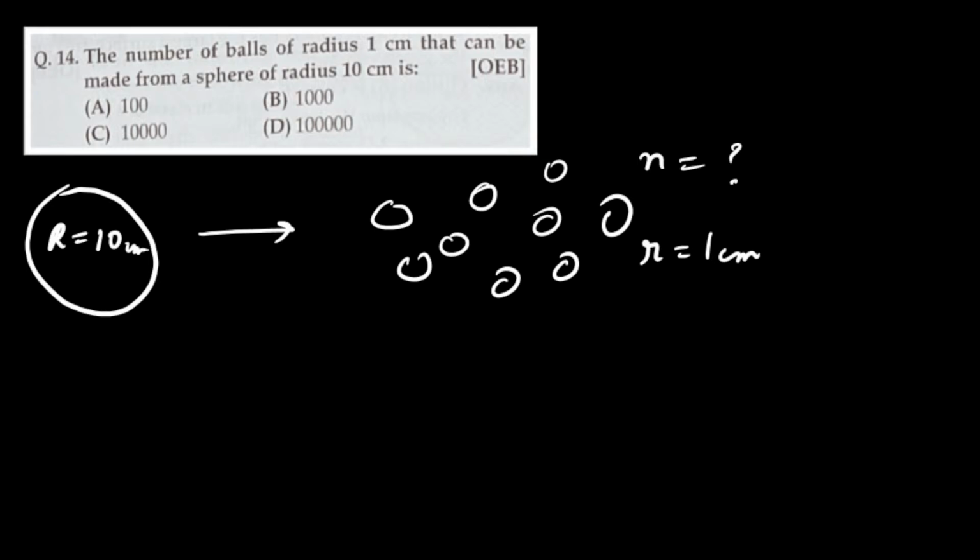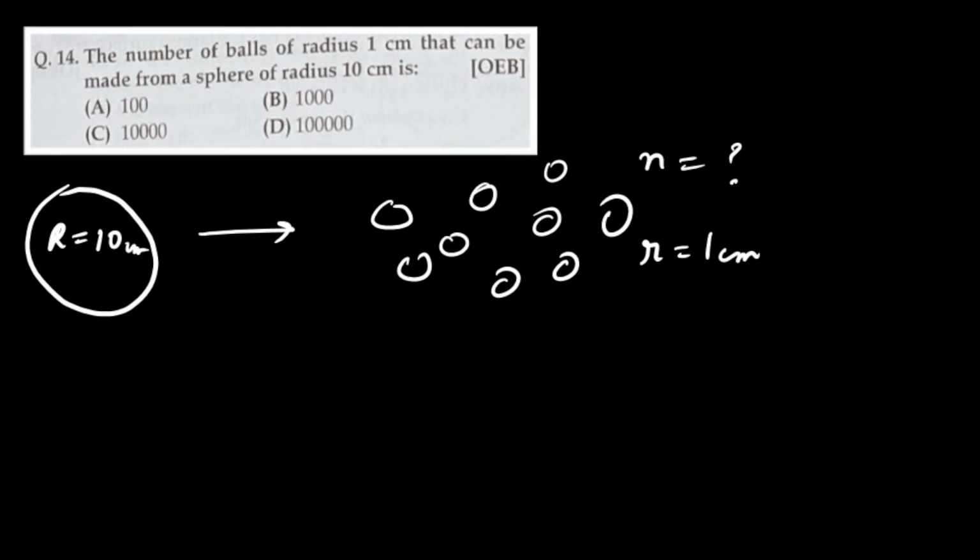So one big sphere is there. Its radius is given to us as 10 centimeter. This is recasted to n number of small spheres whose radius is 1 centimeter. We have to find the number here, so n we have to find. How many spheres are there?